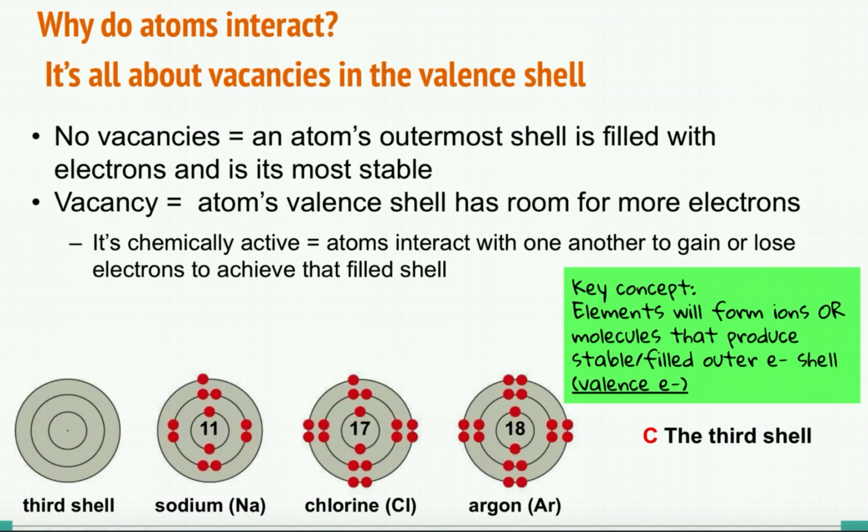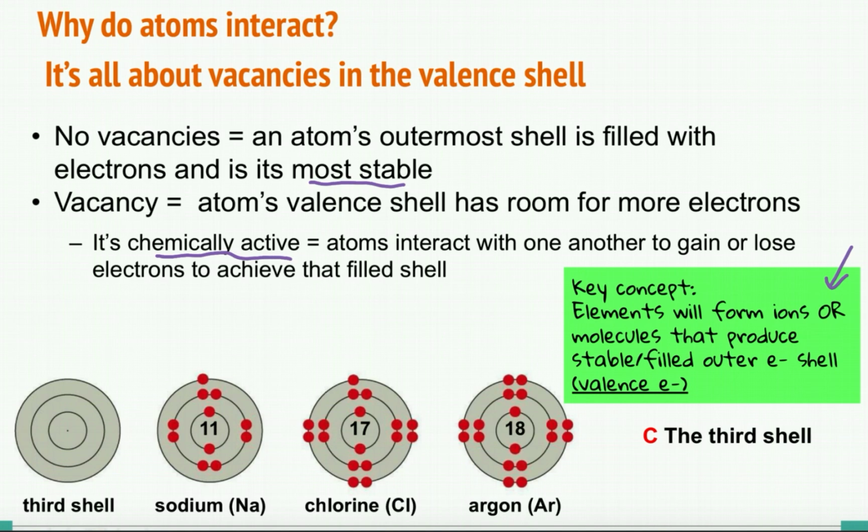So why do atoms interact? Well, those vacancies are really critical. Just like I said, elements will form ions or molecules in order to produce that stable outer electron shell, and that's because when there's no vacancies in the outermost shell, those atoms are the most stable, when the outside shell is completely full. If you have vacancies, then your atom is automatically going to be what's called chemically active.